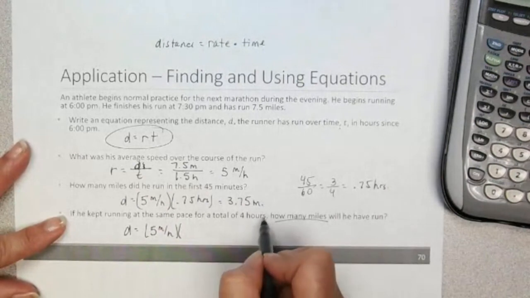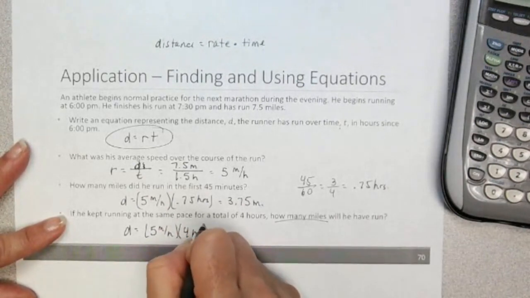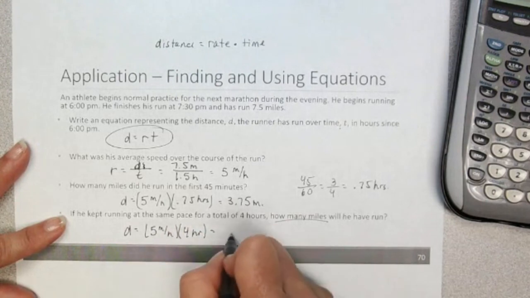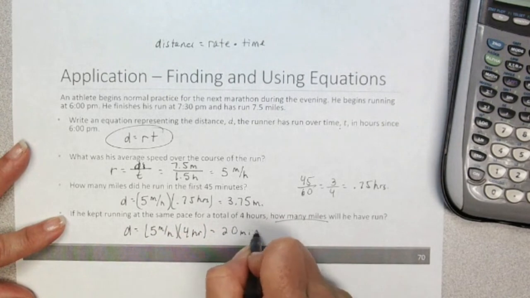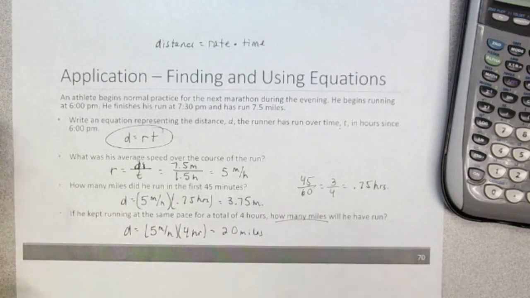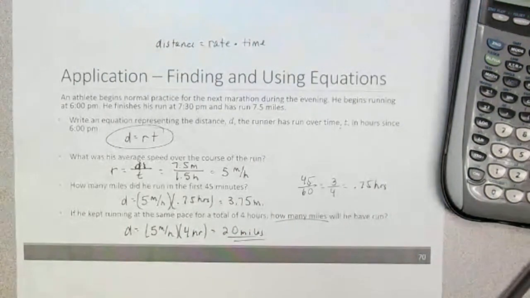The time, now we want to find out how far he would run for 4 hours. So 5 times 4, that's going to be 20 miles. Okay. This ends the lecture on linear equations in 2 variables.